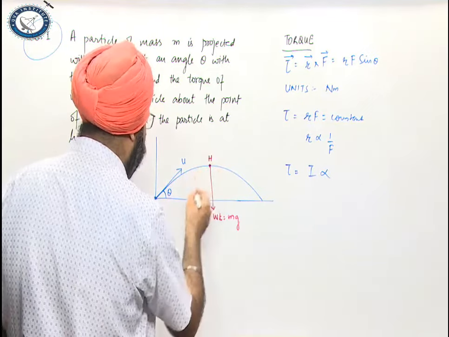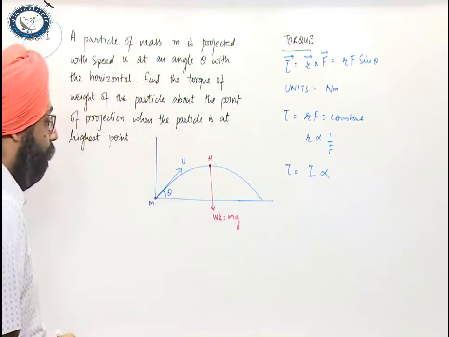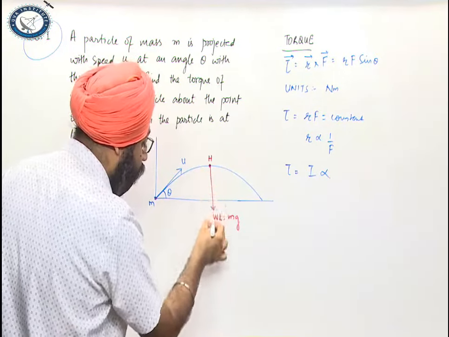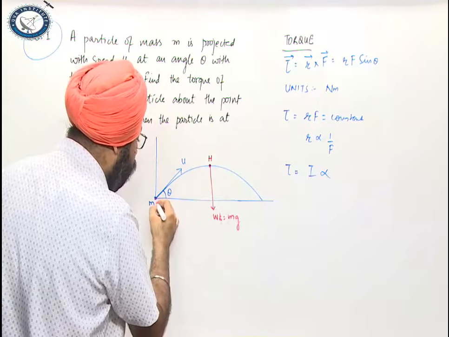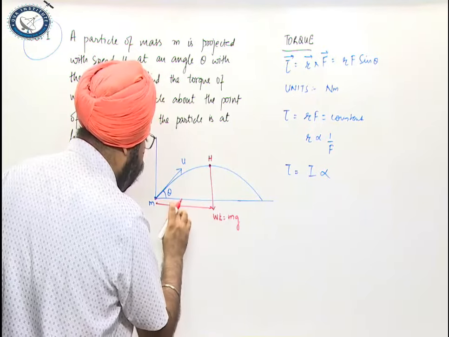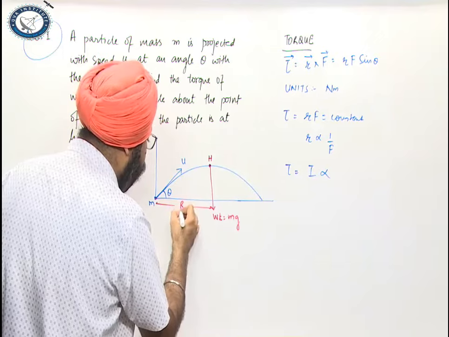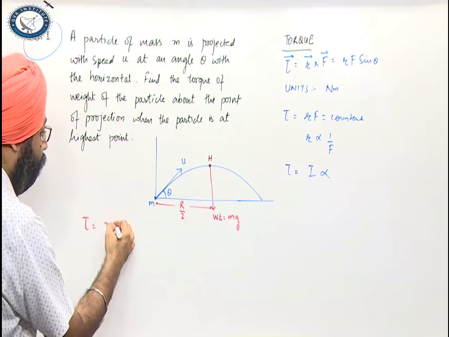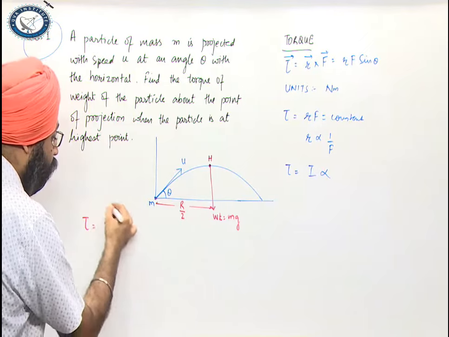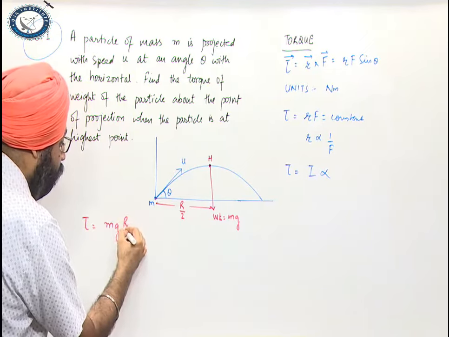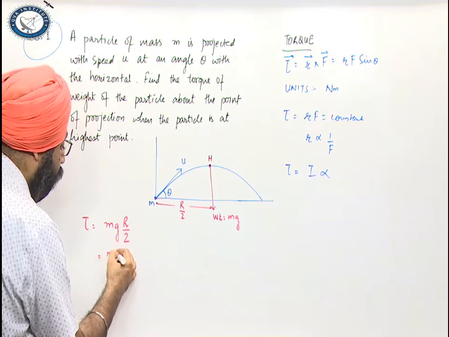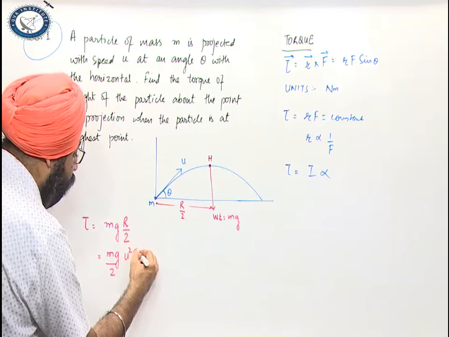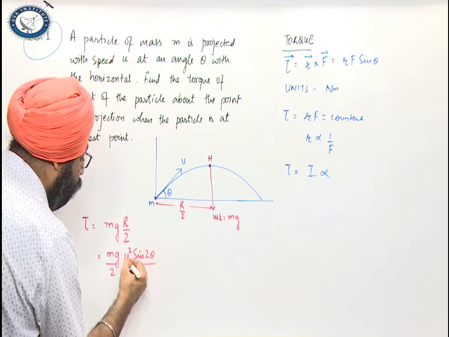So what is torque? We have to consider torque about the origin. This is the line of force. The perpendicular distance of this line of force from the origin is R by 2, half the range. So my torque will be weight mg, this is my force, into perpendicular distance R upon 2, where R is the range, u square sin 2 theta upon g.